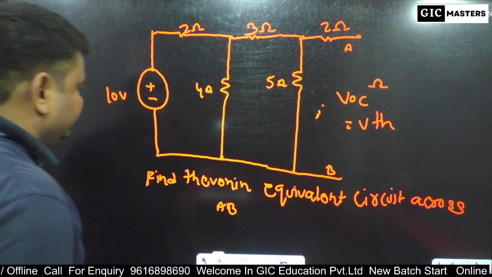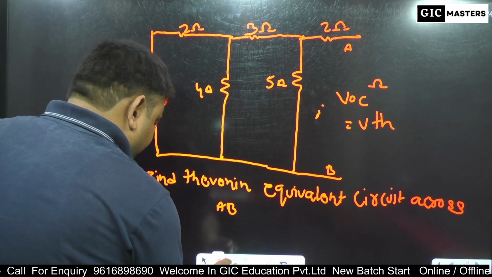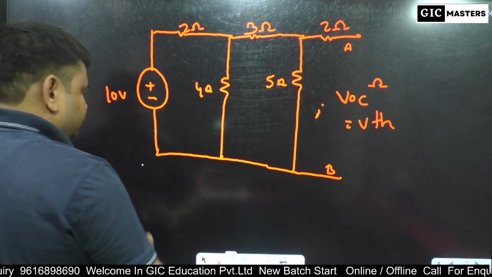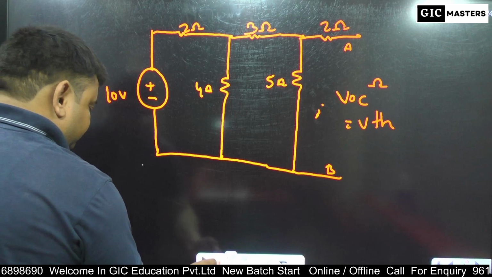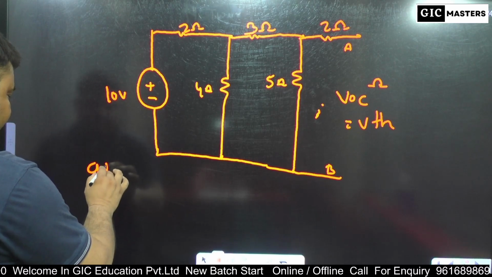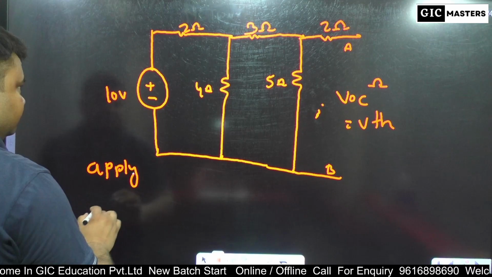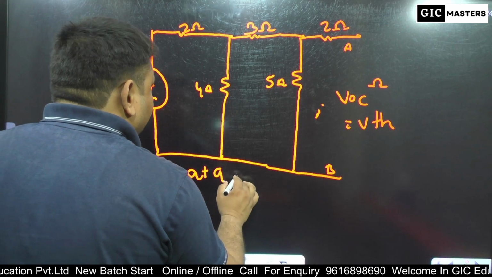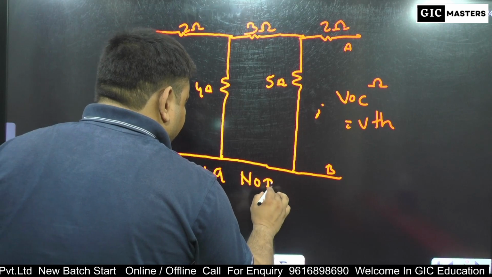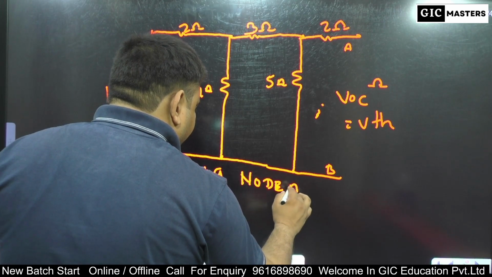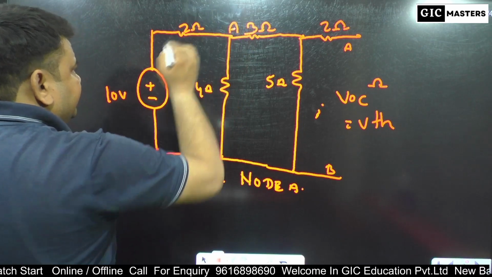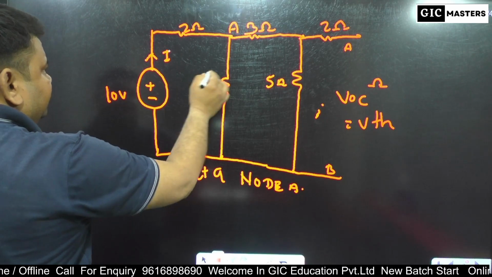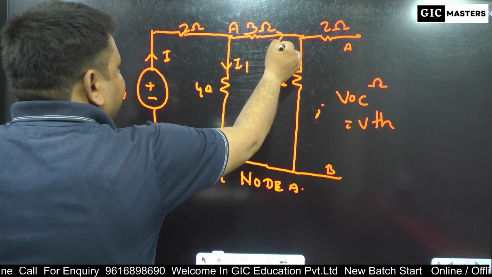Apply KCL at a node. Suppose this is my node A, this is my current I, here I1, here I2.